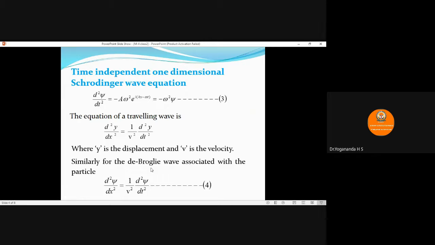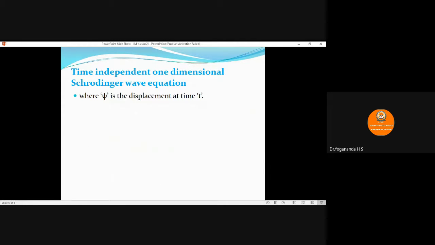So in terms of psi, the traveling wave equation is d square psi by dx square is equal to 1 by v square into d square psi by dt square. Call this equation number 4. Now we have the value of d square psi by dt square from equation number 3. Substitute equation number 3 in the above equation. So we get d square psi by dx square is equal to minus omega square by v square into psi.